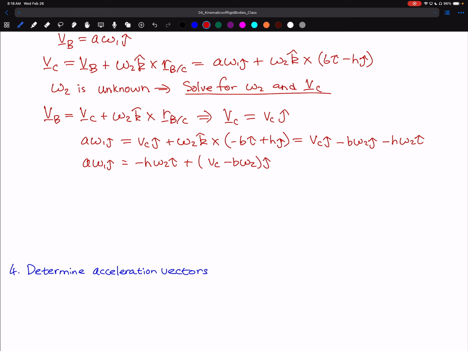Why are we adding the omega 2 k hat cross RBC instead of subtracting it? So you're saying, well, here we had a positive, and you're asking why are we subtracting? Like it's saying VC is equal to VB plus omega 2 k hat crossed with RBC.